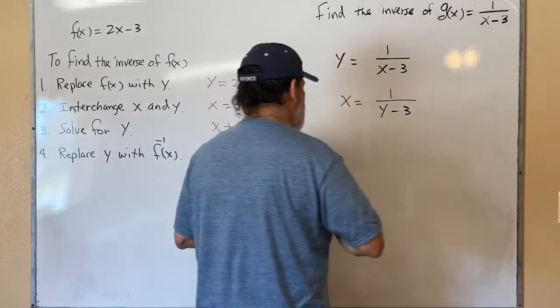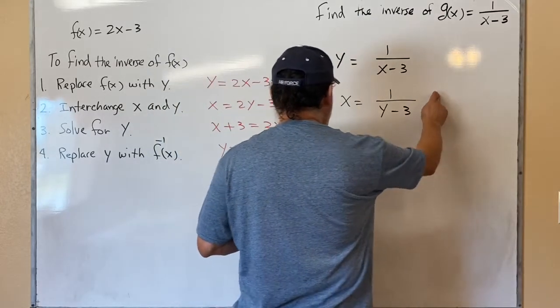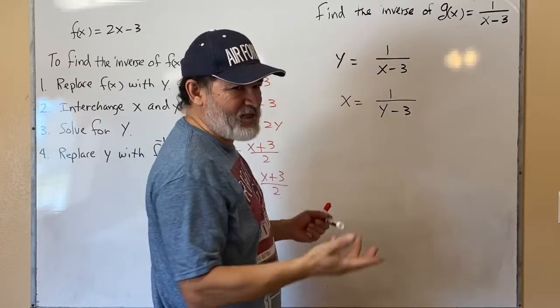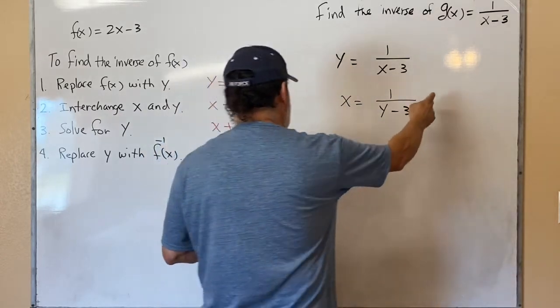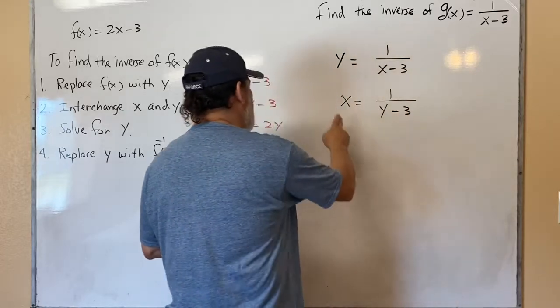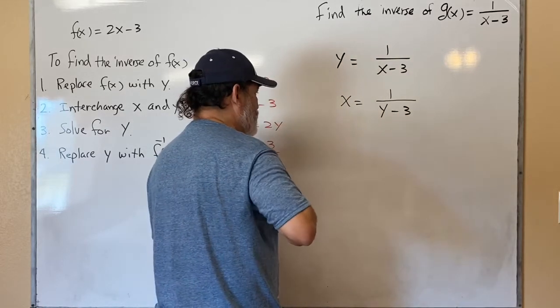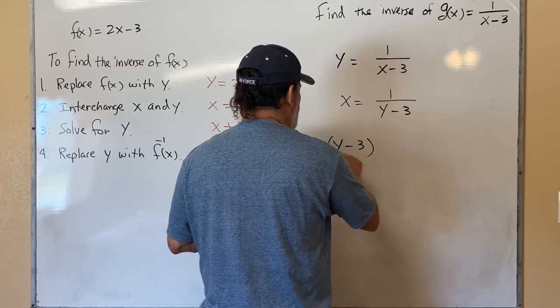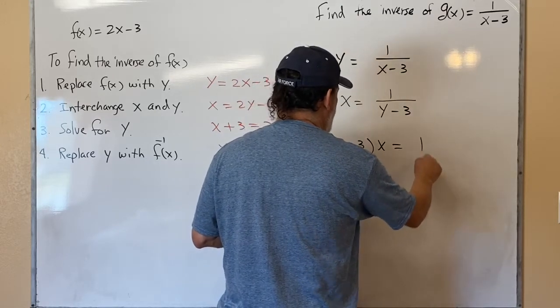Multiply this side by y minus 3, they cancel. Multiply this by y minus 3 as well. So y minus 3 times x equals 1.